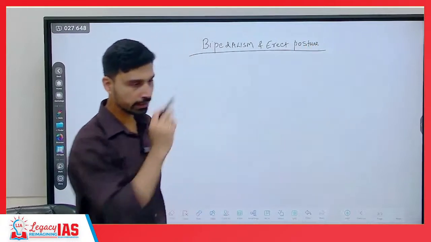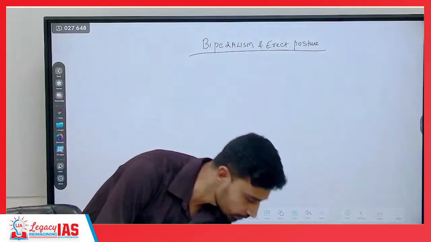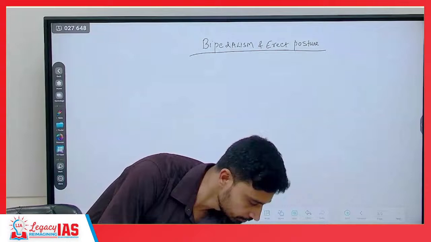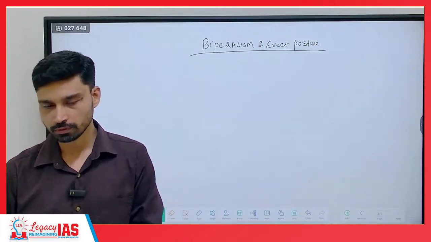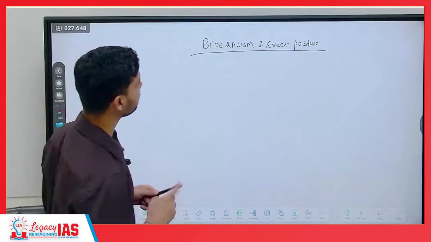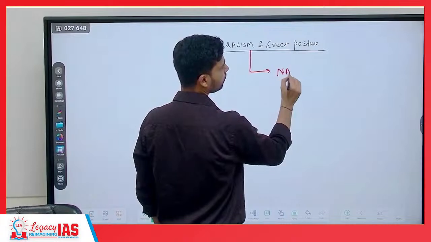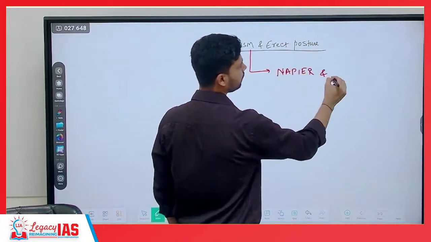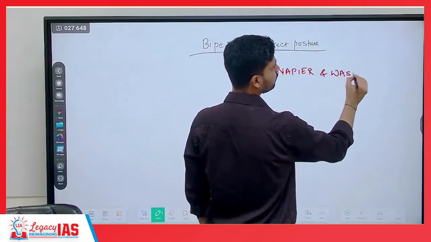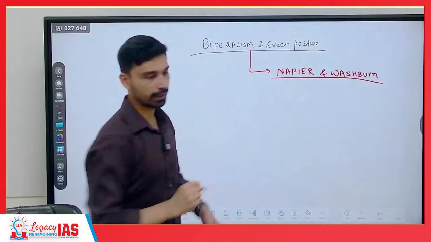So first we can try to understand how bipedalism and erect posture developed in humans. The detailed explanation of this has been given by Napier and Washburn.